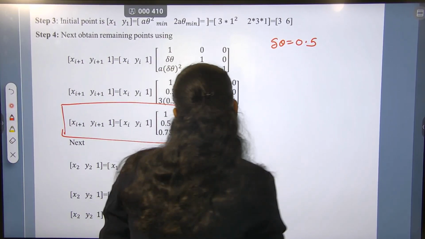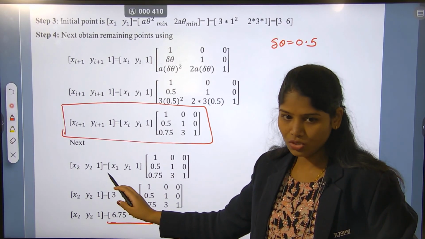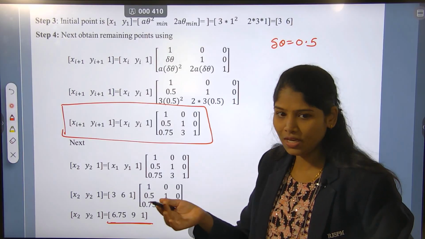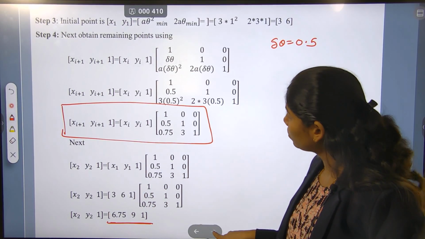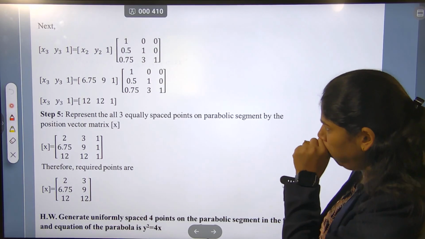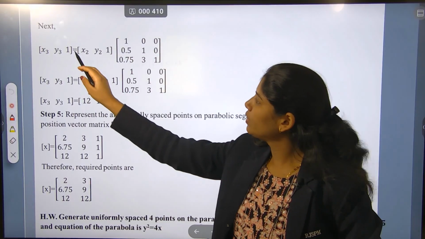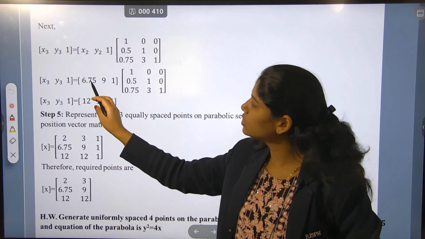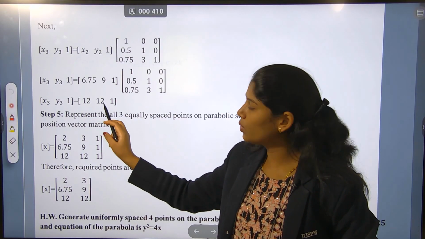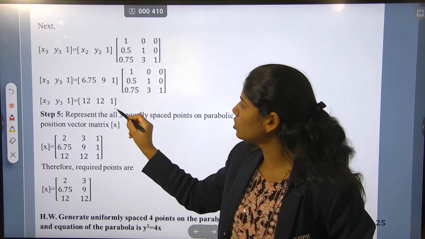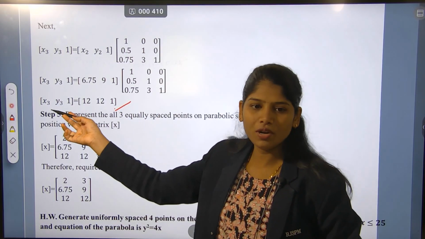Then for the third point, how will we write the third point? x3, y3, 1 equals the previous point x2, y2, 1 into this matrix as it is. So check here. Write down the values of x2 and y2 here, 6.75 and 9, into this matrix. So 12, 12, 1. We get our third point also. Question is to find equally spaced 3 points. So we get all 3 points here.